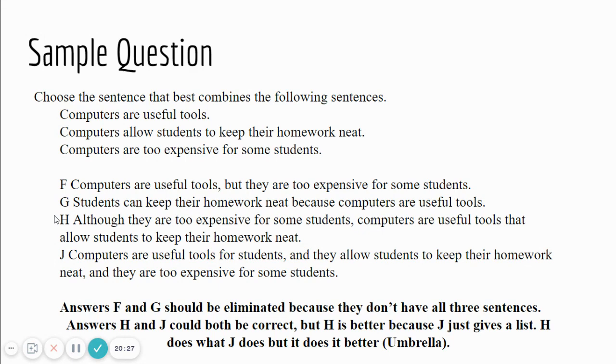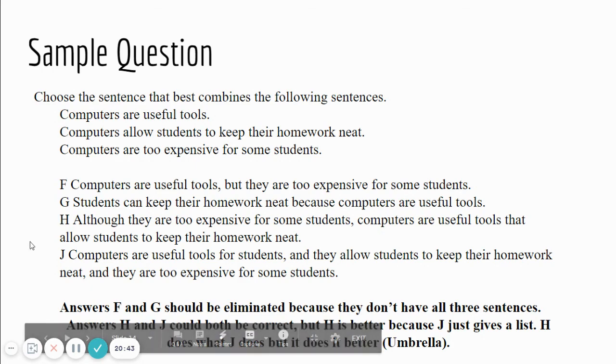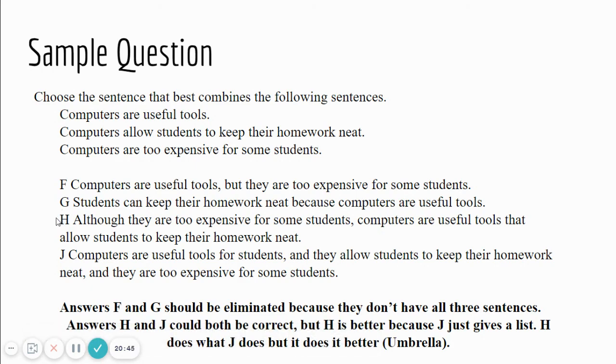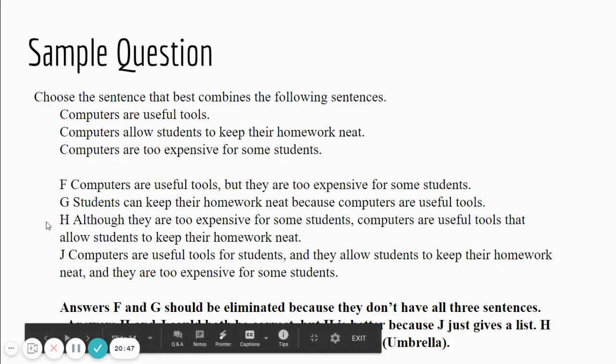So I'm going to go with H. So that's where you can be thrown off by that best, because they both combine them. But it also shows us how getting rid of these makes my job easier. So that process of elimination, even if I'm not a grammar master, I can reduce some of my work by making it so that I only have to choose between two choices.